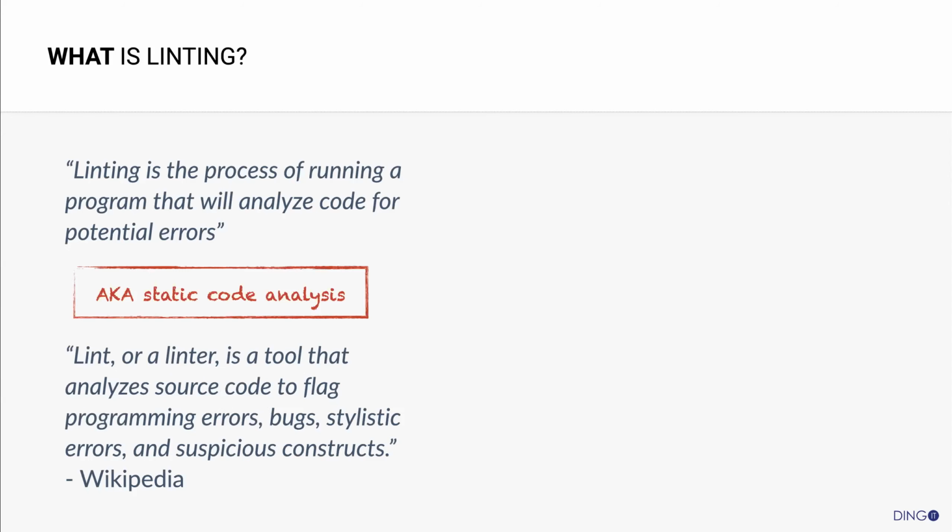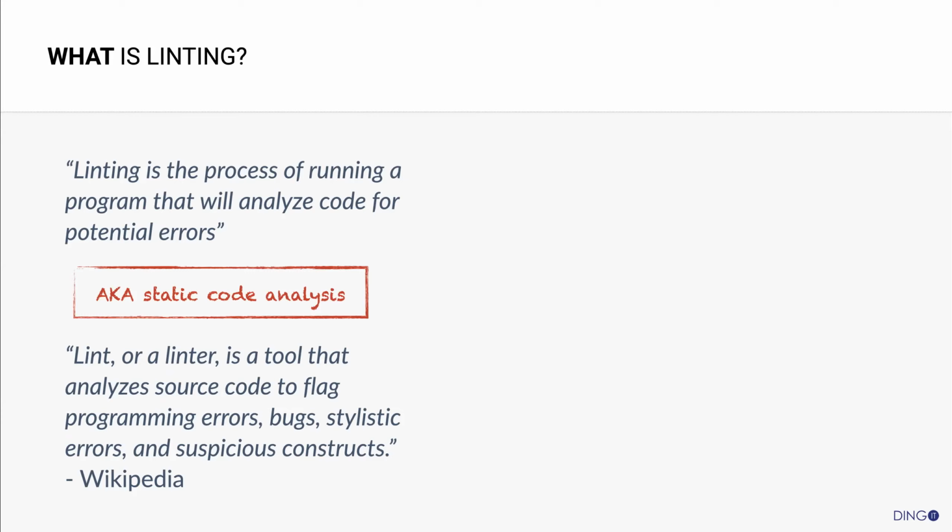So let's start with what is linting. Linting is the process of running a program that will analyze code for potential errors. It's also known as static code analysis. Wikipedia also has a nice description of a lint or a linter. It's a tool that analyzes source code to flag programming errors, bugs, stylistic errors, and suspicious constructs.